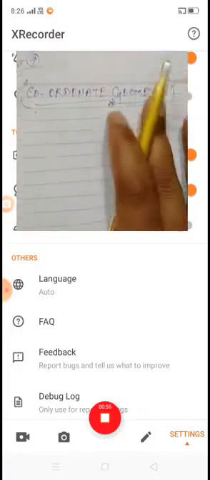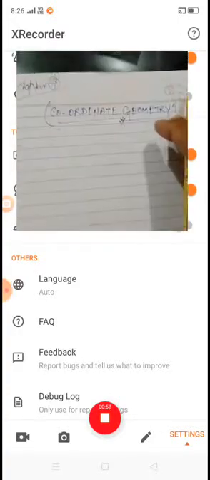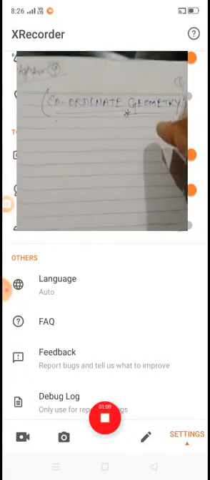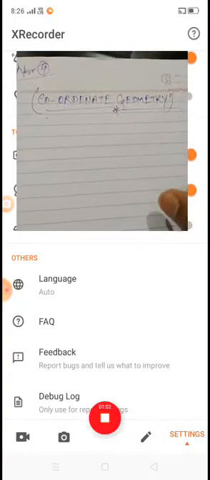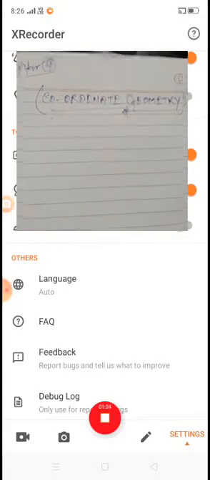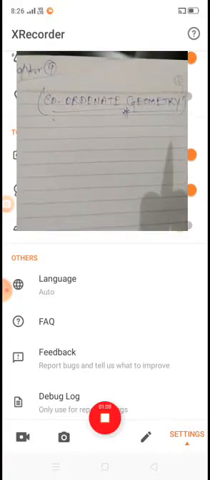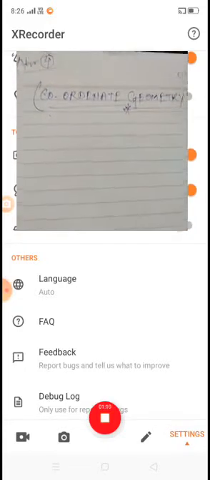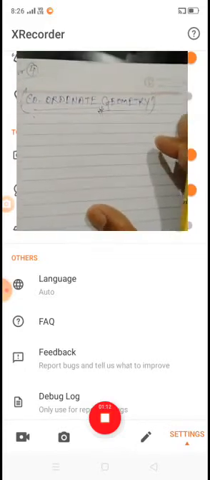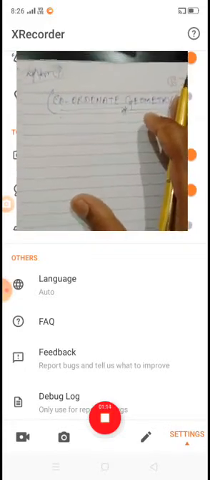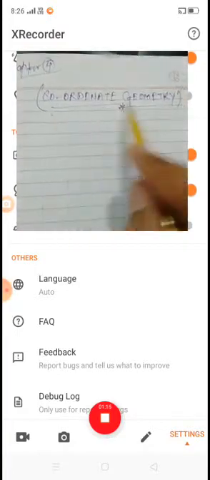Okay, this is a very easy chapter, and please observe and listen. Please, students, concentrate on this chapter, coordinate geometry.